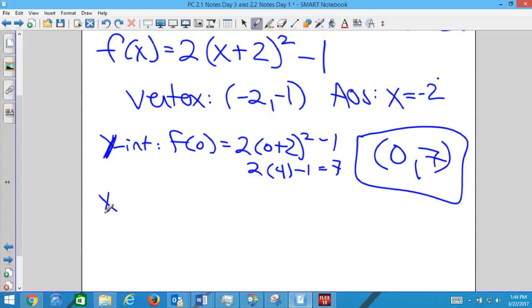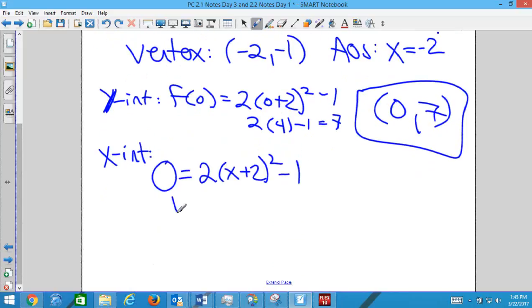Okay, and then from there we're going to do the x-intercepts. You can also tell which intercept it is because I'm making the other letter 0. So I'm doing the x-intercept, I'm going to make the y 0. Then we're going to add the 1. And then we're going to divide by 2.